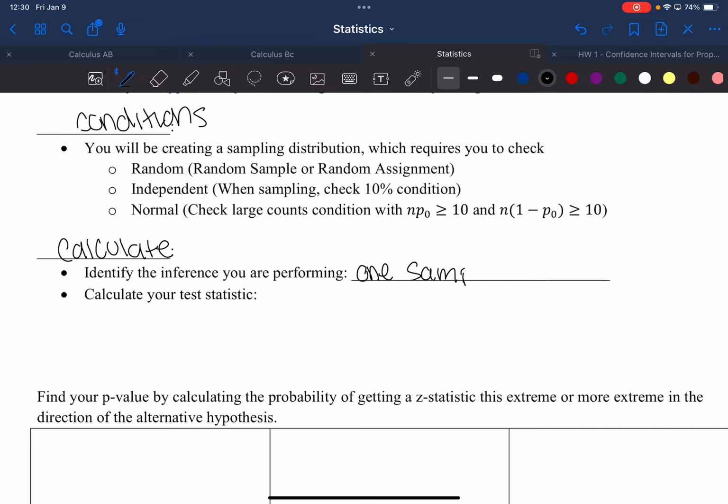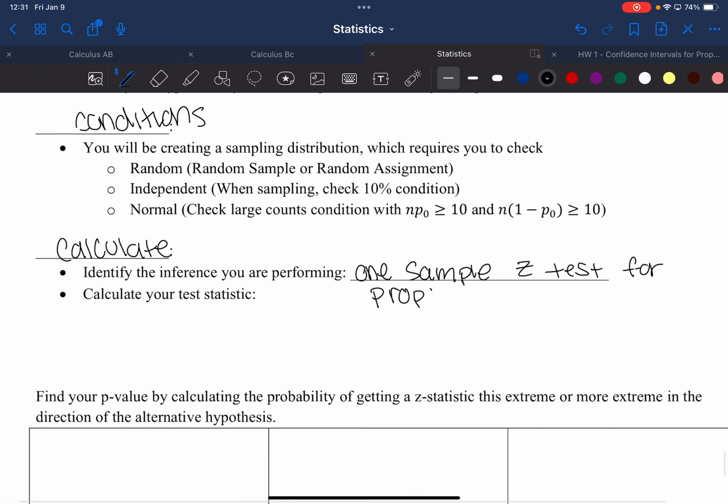One sample Z test for proportions. Remember you need to include that it is a Z test for proportions, or a Z interval for proportions. They'll mean the same thing.